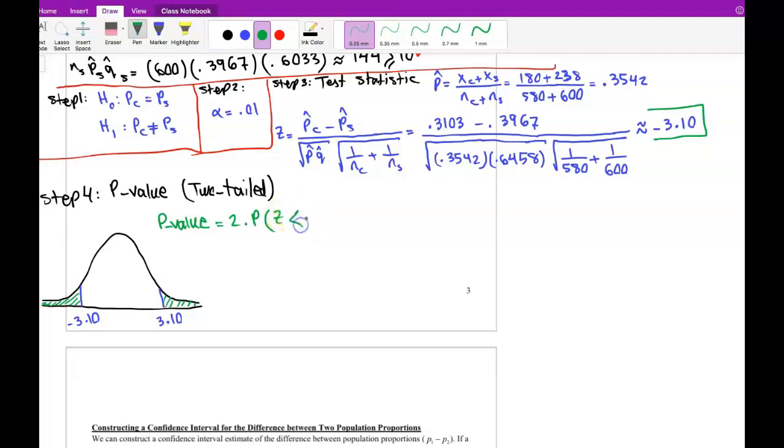So z less than negative 3.10, and that is equal to 2 times 0.001. So the answer is 0.002. Oh, I got that.